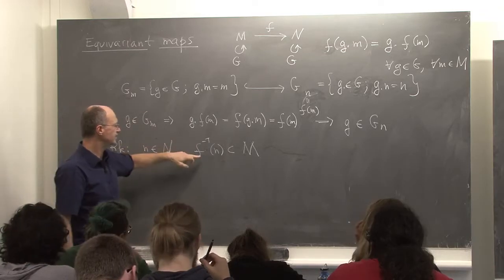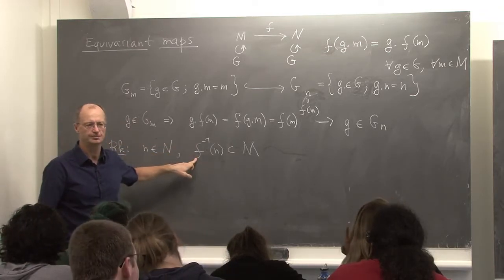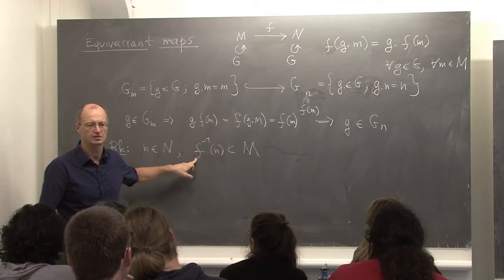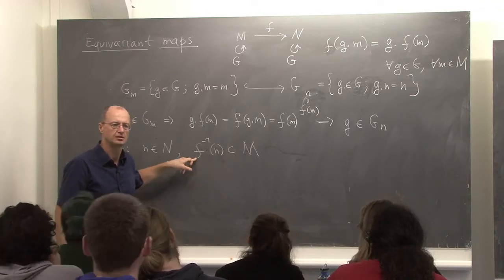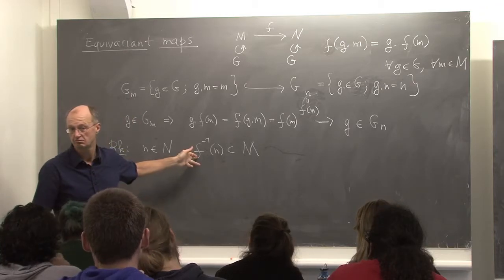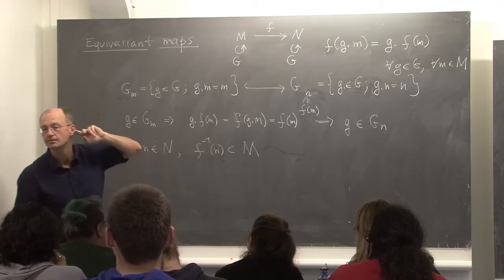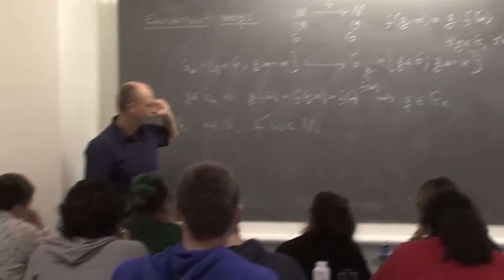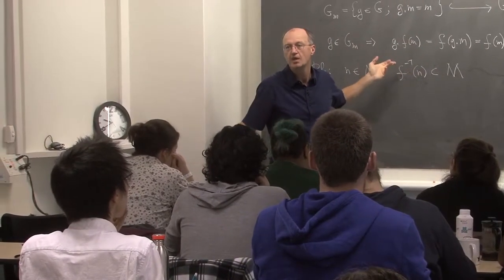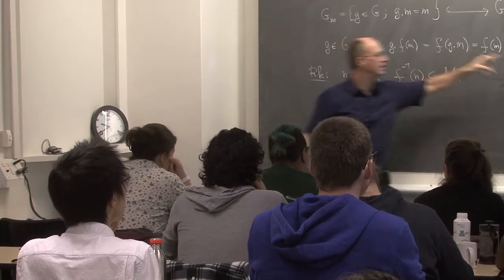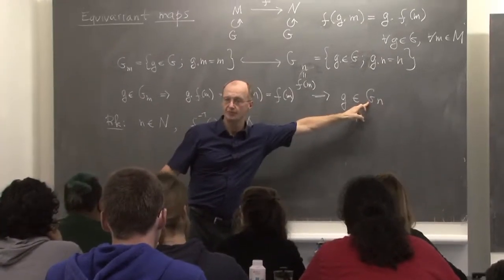Now, what do you think? Does it carry a G action, this subset? Sure, of course, depending on n, but not necessarily, right? But they always carry an action of Gn, right?